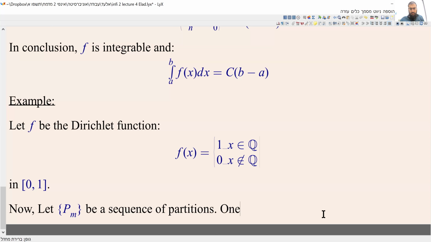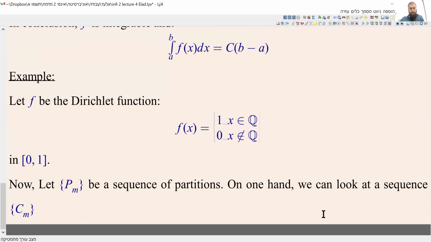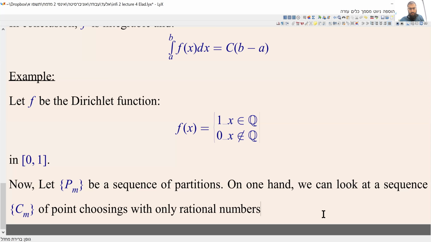On one hand, we can look at a sequence CM of point choosing with only rational numbers in every CM.